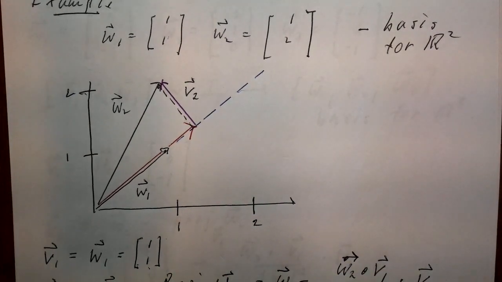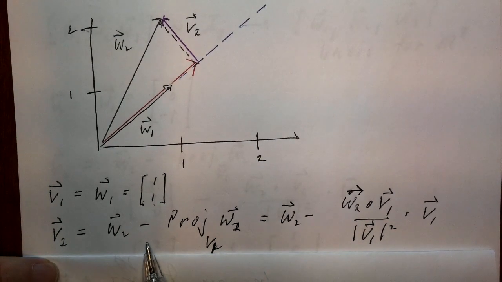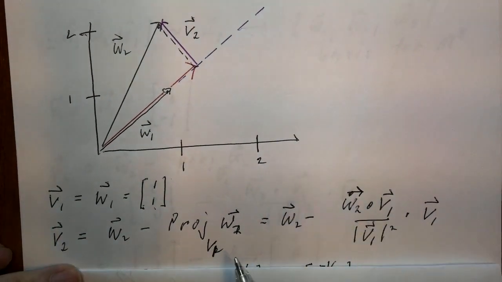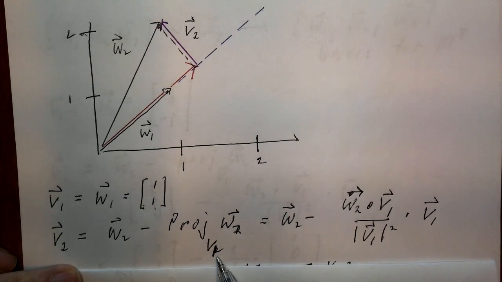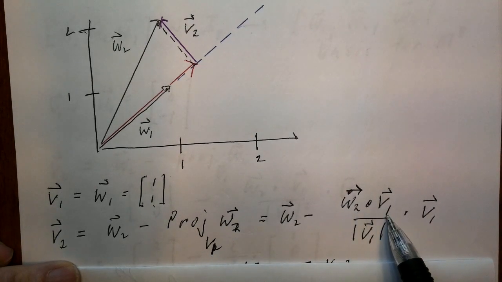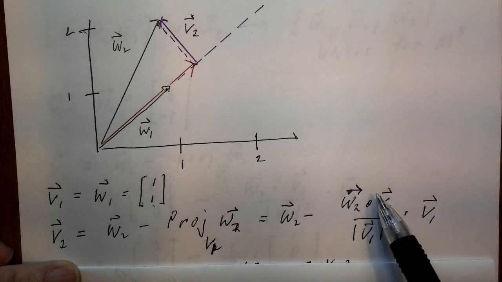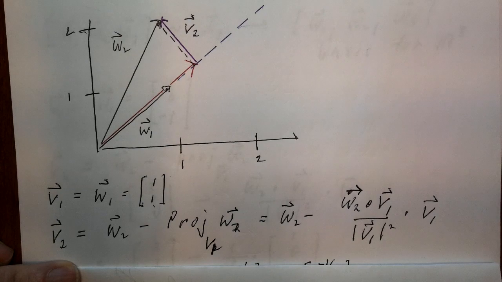So V2 will be W2 minus the projection of W2 onto V1, which is the dot product of W2 with V1 divided by the length of V1 squared, times the vector V1. This is just a scalar out in front.